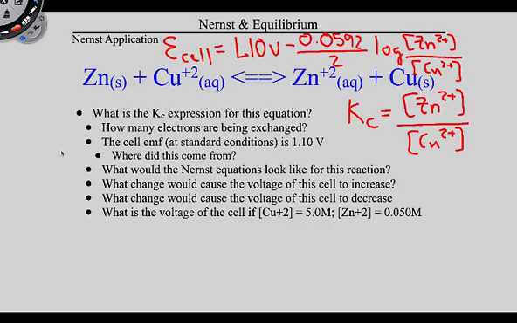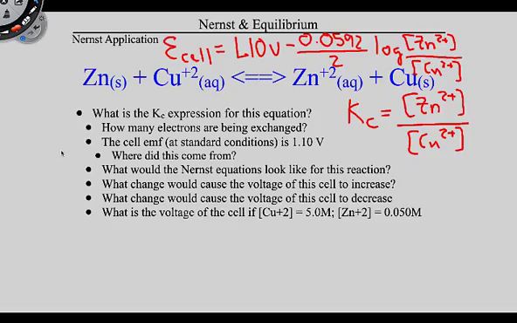Let's think through it. So which one are we making bigger? Copper? So copper is big, zinc is small. When we divide, that makes the value of this smaller. So we're subtracting a smaller number, so the voltage would go up. We may even be adding, we're probably adding a number. So the voltage goes up.